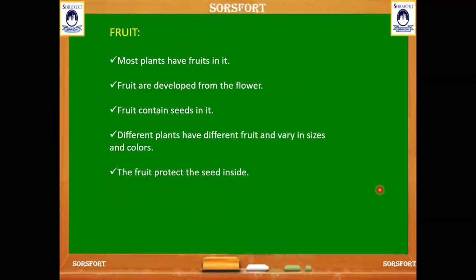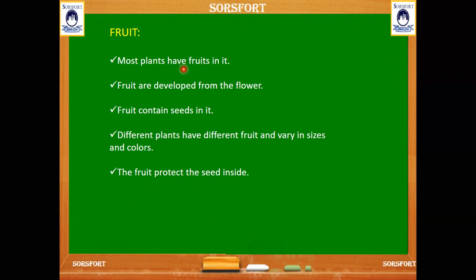And the other part of the plant we can discuss is fruit. Most plants have fruit. Not all the plants, only some of the plants bear fruits. And where are fruits developed from?